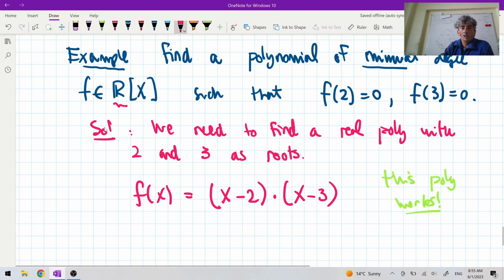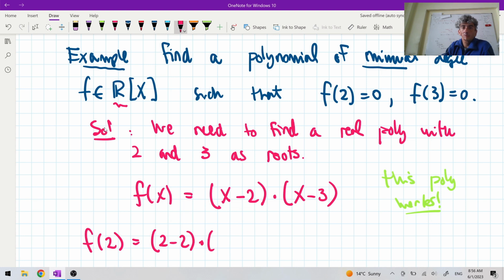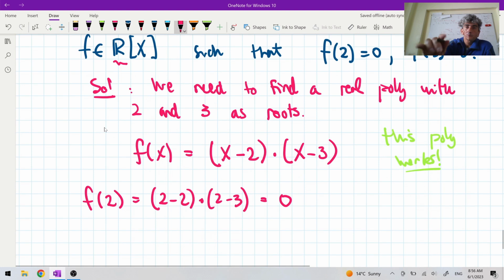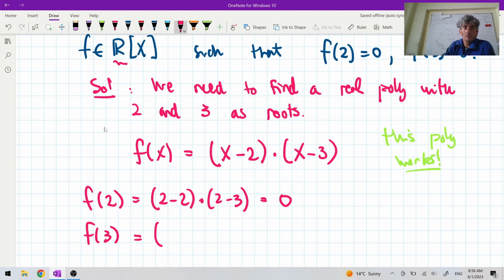Why? Because if you evaluate f at 2, then what you have is (2 minus 2) times (2 minus 3), which is 0. And also f at 3 can be computed as (3 minus 2) times (3 minus 3), and that's also 0, right? It satisfies both conditions.